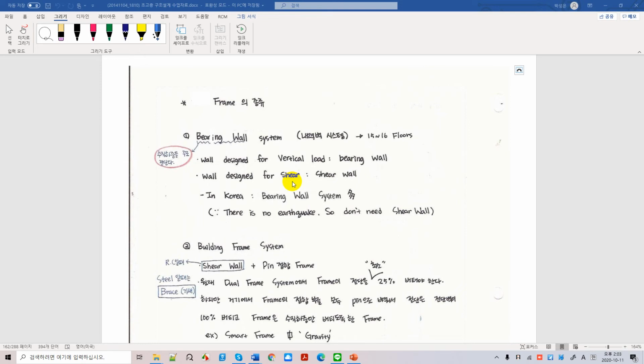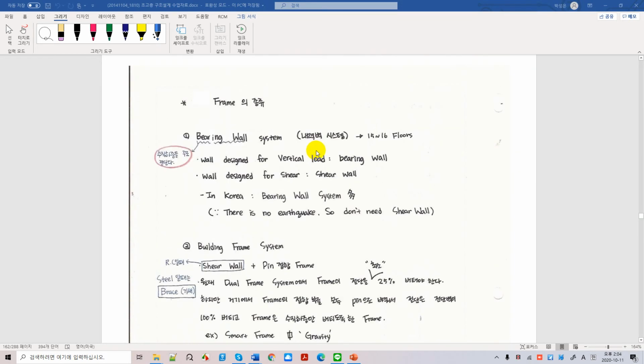And these frames also should belong to one of those categories that we learned in previous class, whether this is a moment frame of intermediate or special moment or ordinary, and we should select appropriate R values. So we have to always think that our design, our selection of frames must be based on the table that we talked about.